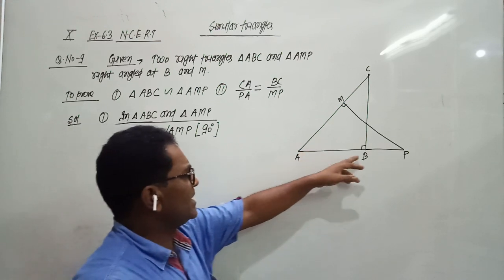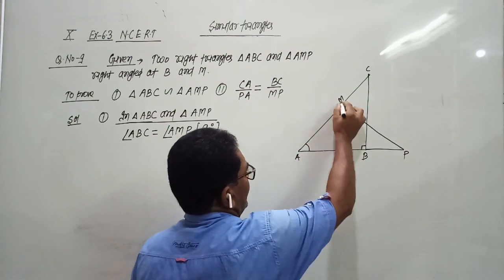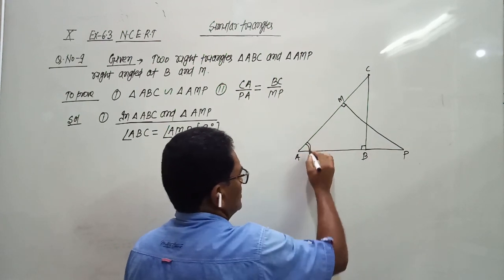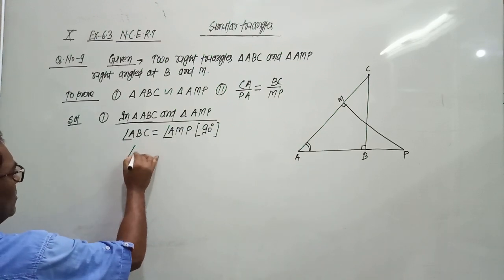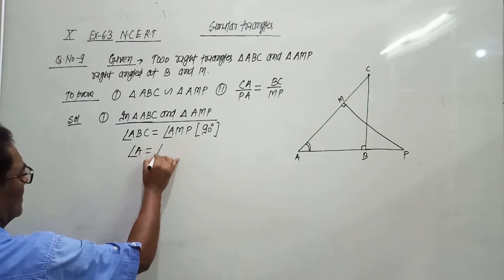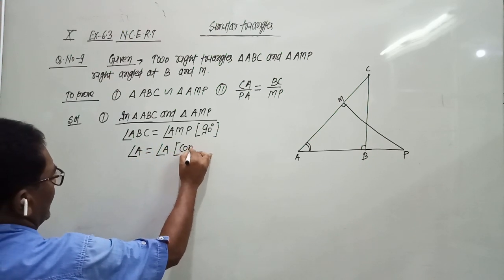And in triangle ABC there is angle A, and in triangle AMP there is also angle A. So angle A equals angle A, common for both the triangles.